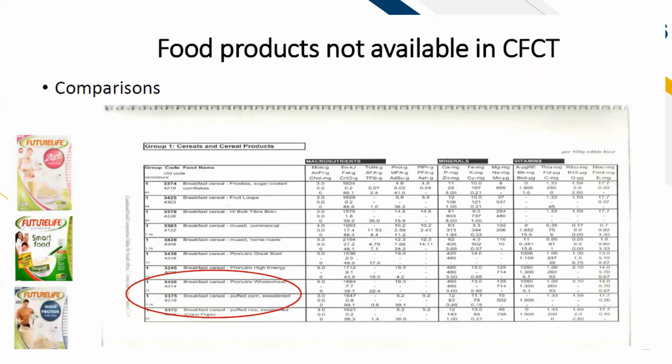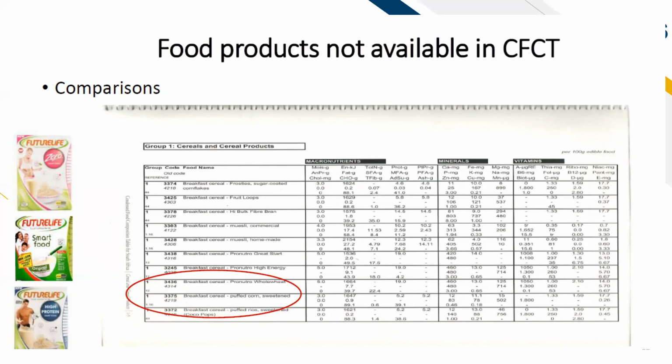And then what do you do with food products that are not available in the food composition tables? This is where you do a comparison between what is available in the market and the types of foods that are comparable with what is available in the food composition tables. So this is now an old example, because Future Life is now in the updated food composition tables.